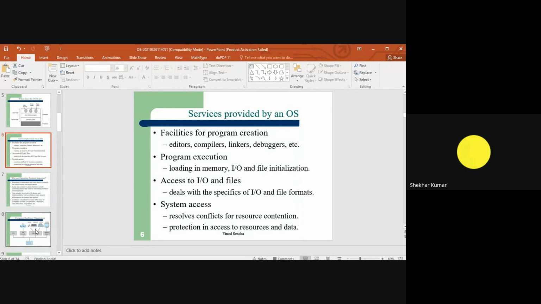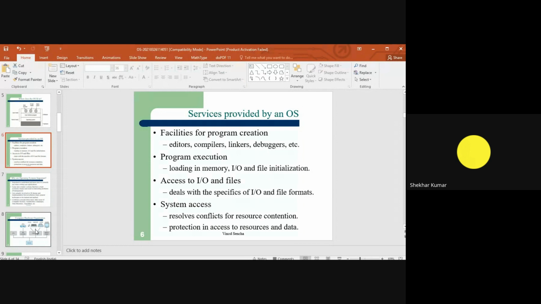Or for security purposes, to protect the data and information of your computer systems against malware threats or any unauthorized access, this is also one of the tasks of your operating systems.